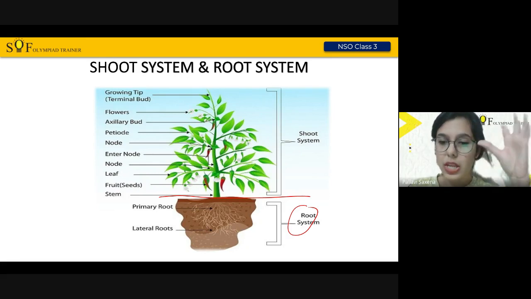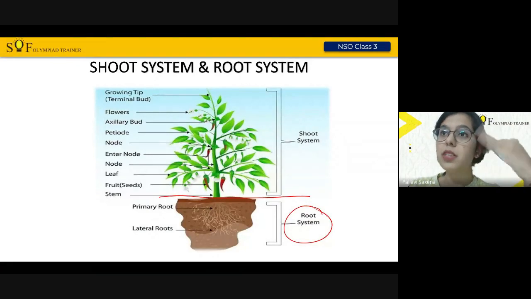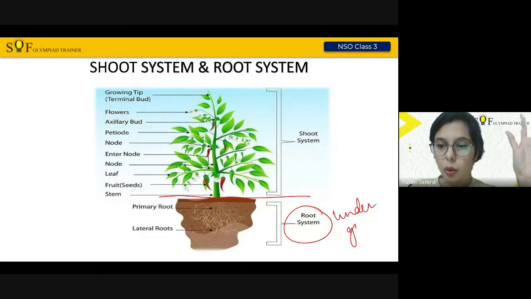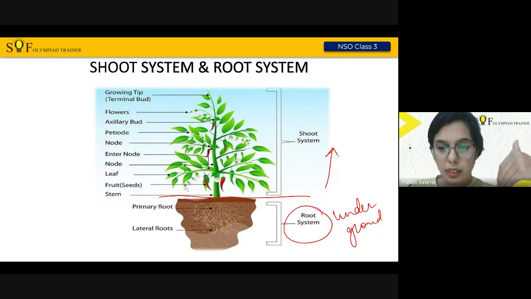Later on you will see that some roots are present above the ground also, but on a broad scale, the root system is what is present underground, and the shoot system is anything present above the ground.